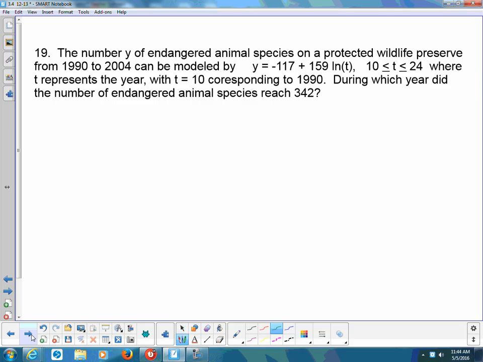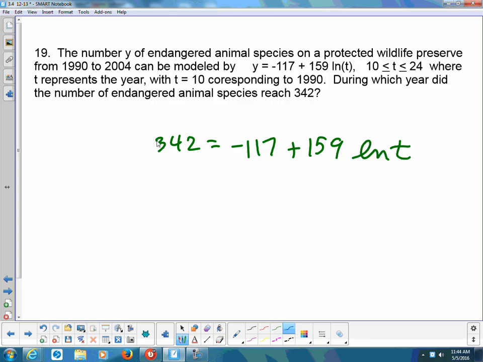So we're going to plug in 342 for the y. Right, so the y is representing the number of endangered animal species. So 342 equals negative 117 plus 159 times ln of t.